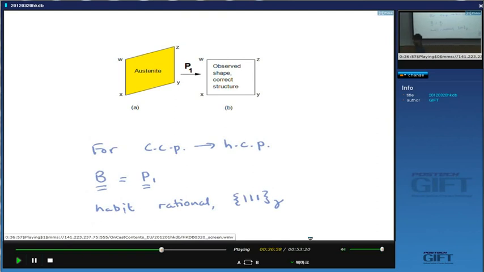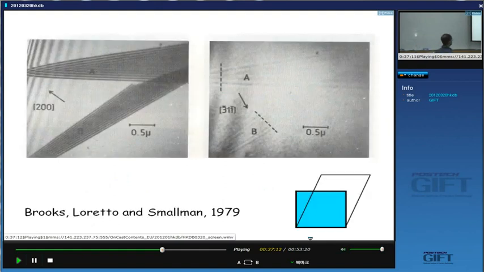That means that just a shear deformation cannot describe the transformation, because a shear doesn't produce a volume change. There must also be a small change in volume normal to the habit plane. And this is a beautiful experiment which was done at Birmingham University. When you look at a stacking fault in a transmission electron microscope, it looks like this because it's inclined to the thin foil, and these are just depth fringes.